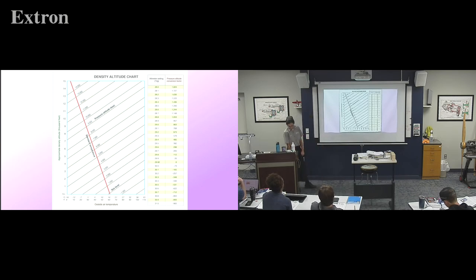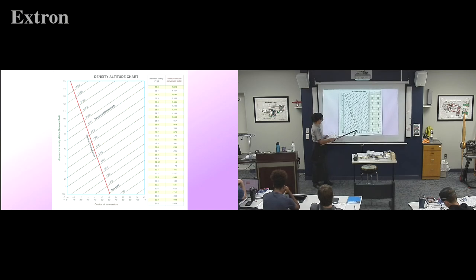So if we have pressure altitude of 4,000, here's our pressure altitude 4,000 line. Then we have to know temperature. So if temperature is, let's say, 60 degrees Fahrenheit, here you have to be careful. The bottom is Fahrenheit, top is Celsius, so make sure you're using the correct scale. So 60 degrees Fahrenheit and 4,000, 700-ish, right in there.